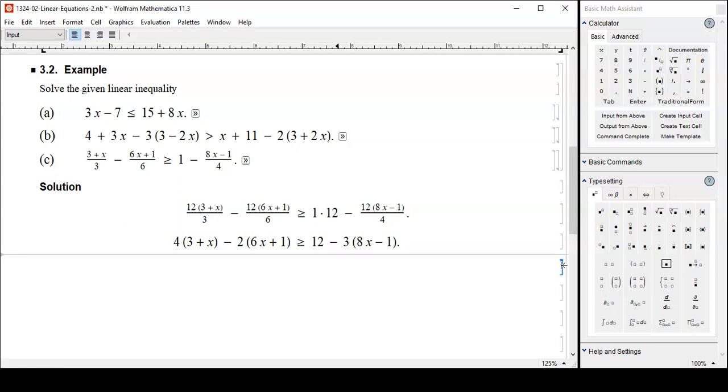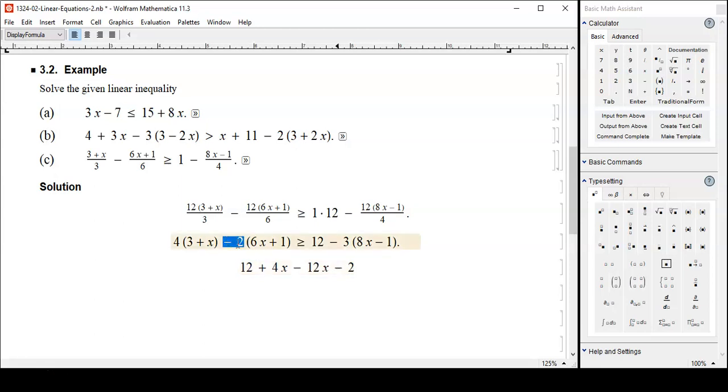Step 1 is denominator. Parentheses can wait. And then break up parentheses now. Distribute 4, 12 plus 4x, and distribute negative 2. So negative 12x minus 2.